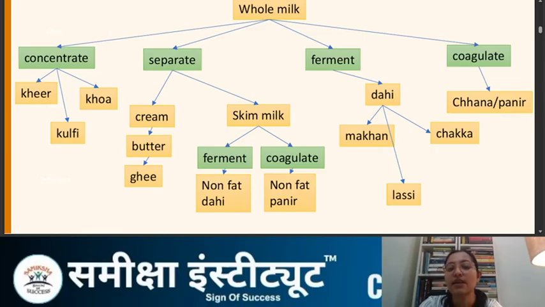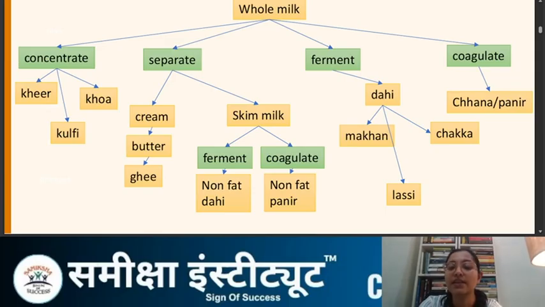Since we've already studied this, I'm once again telling you this is the whole process, and you have to remember whether it's a concentrated product, or after separation, fermentation, coagulation, what the basic technological processes are. From this portion, direct questions on the complete method of preparation will not be asked.